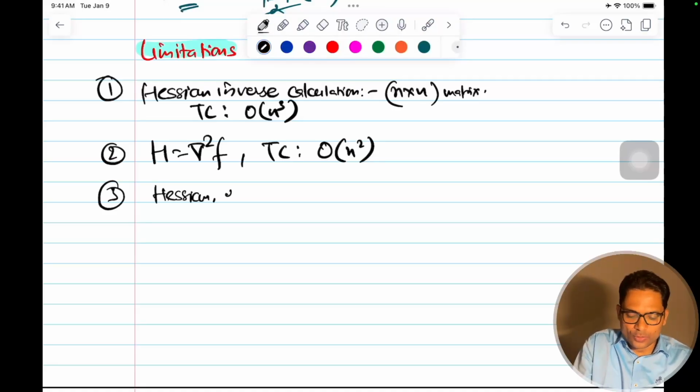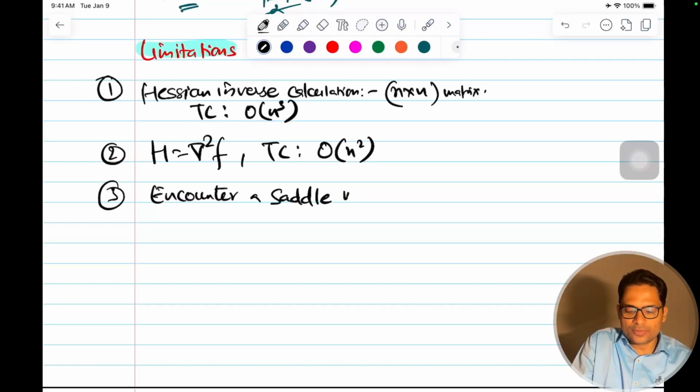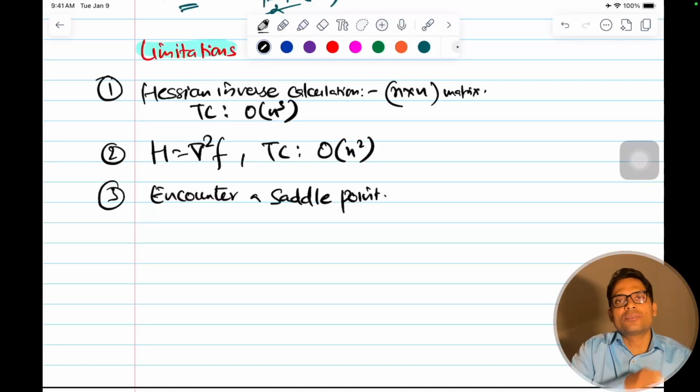So, the third point: if you encounter a saddle point, the saddle point can have both a minima and a maxima, because it is a minima along one variable and a maxima along the other variable. So if you encounter a saddle point, you can hit the maxima of that variable, and that way you will not converge fast. That will not give you convergence, or you may go down another path altogether.